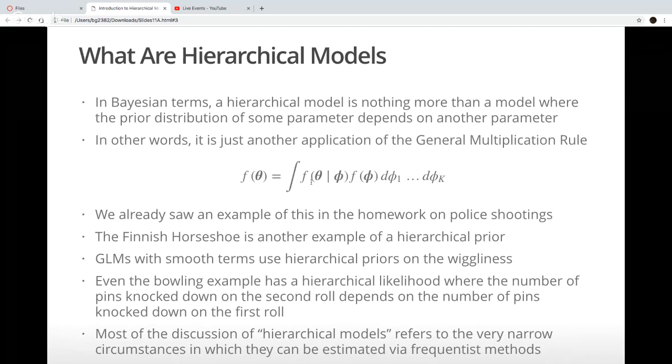And if I took the multivariate integral over that joint PDF between phi and theta, integrated it over phi, I'd be left with a prior PDF for theta alone.